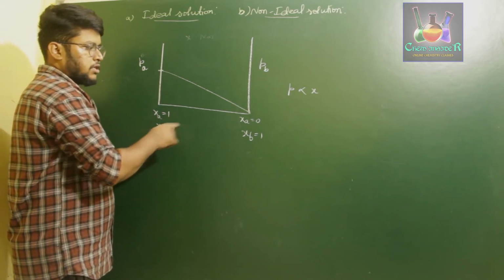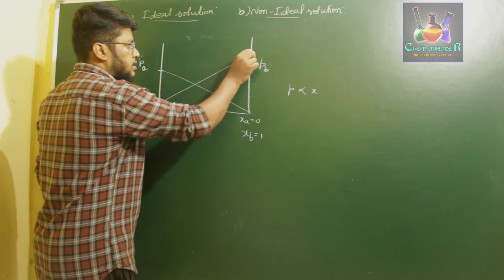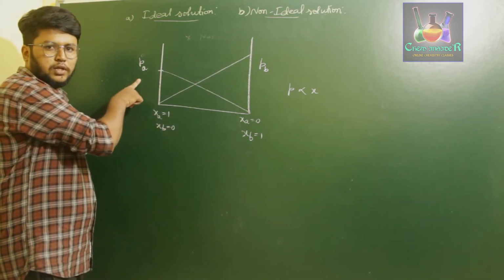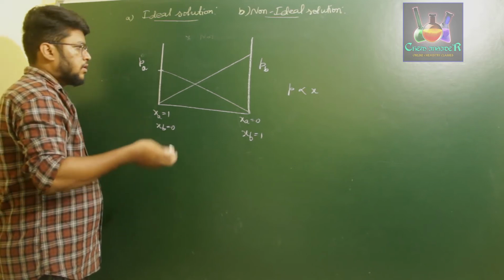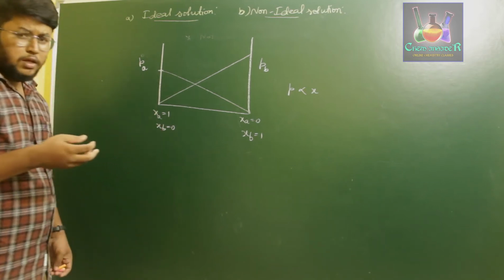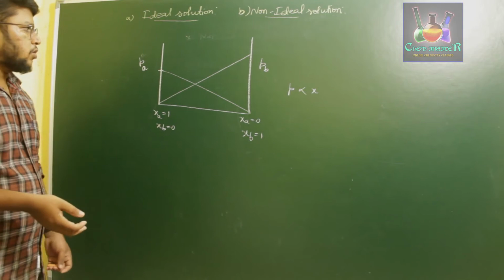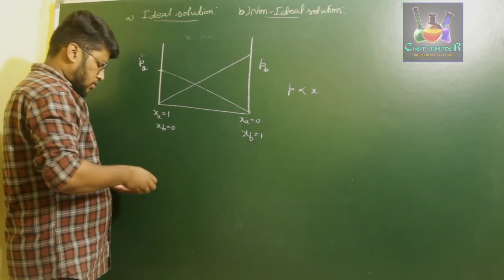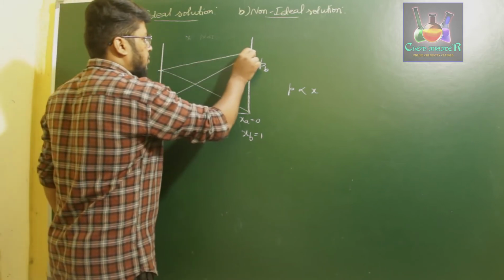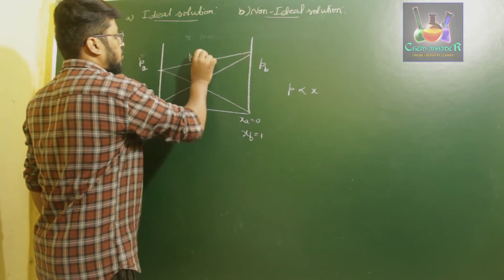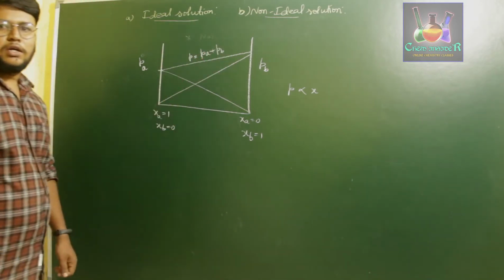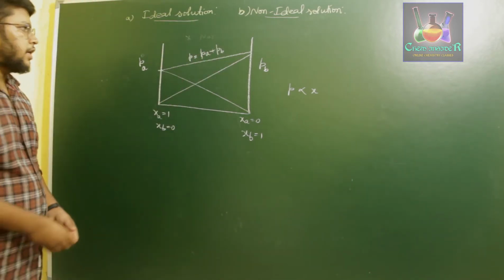Since X_B is increasing, P_B will increase, and further, since A is a less volatile compound, it will have a P_A value less than P_B. And the total value will be P is equal to P_A plus P_B. Okay, so this is the actual Raoult's law equation for ideal solution.